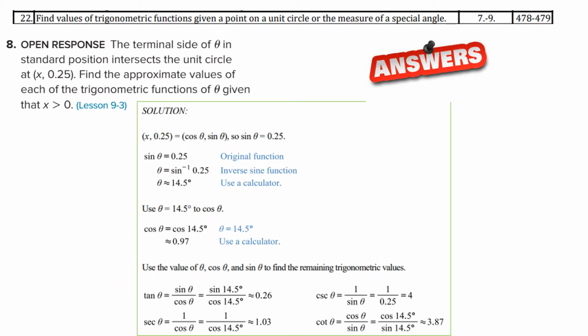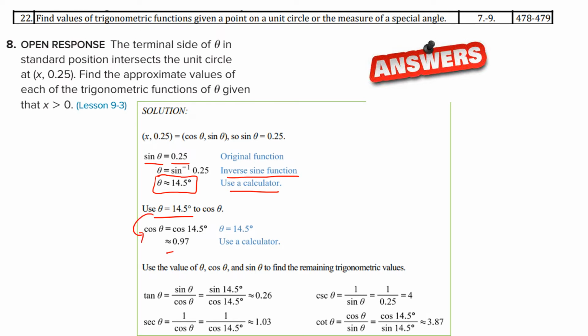So let's check our answer now. We already learned in the last slide how using the value of sin theta you get your angle. When you take the inverse, you need to use a calculator and the inverse sine function. So your angle theta approximately comes out to be 14.5 degrees. We've taken the unit of degrees here, and then we use this value to find cos theta.